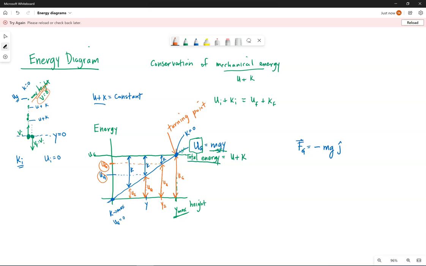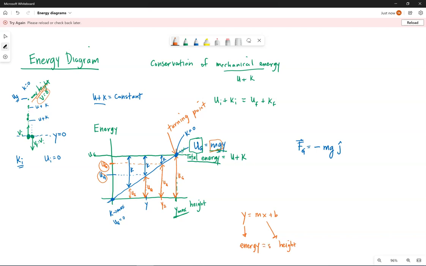When we look at gravitational potential energy, mgy, it turns out, since this is a line, if you remember the generic equation of a line, y equals mx plus b, y on this graph is energy, x on this graph is height.